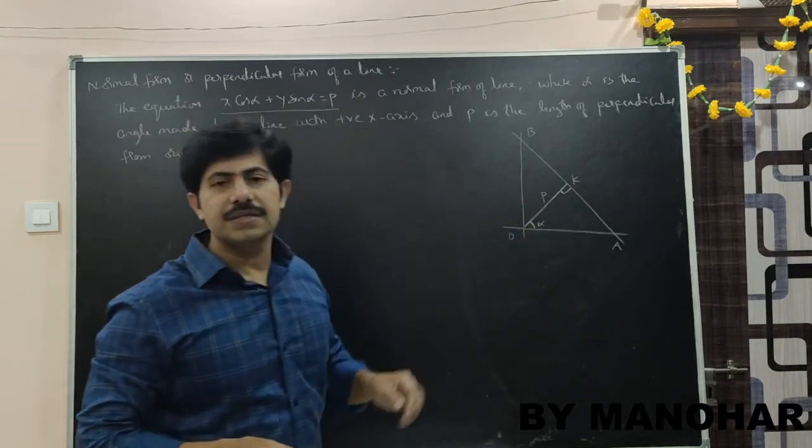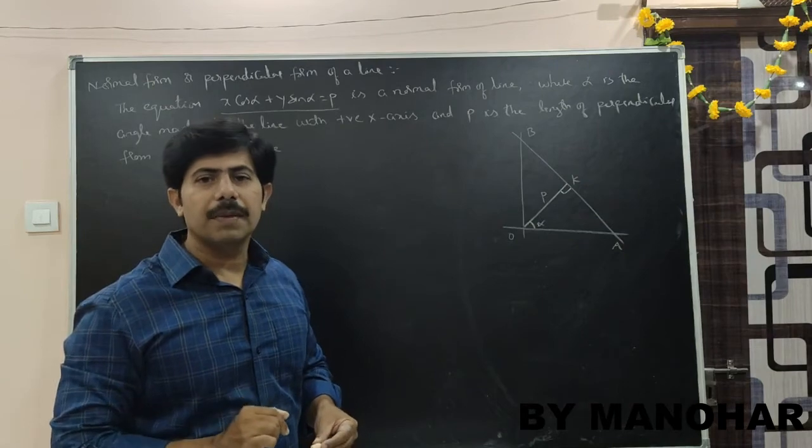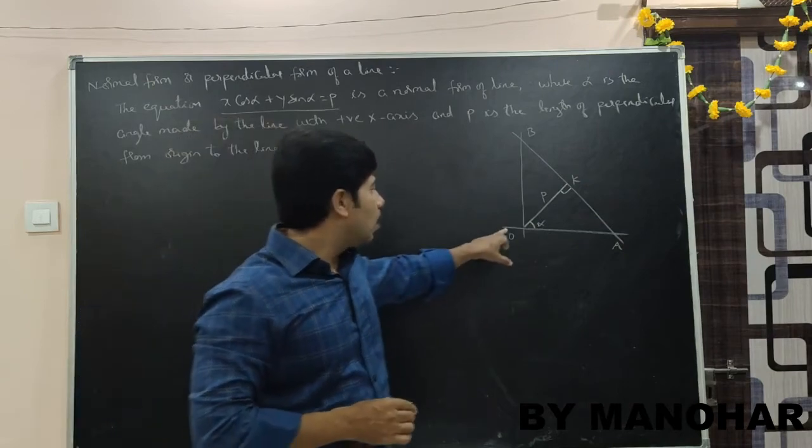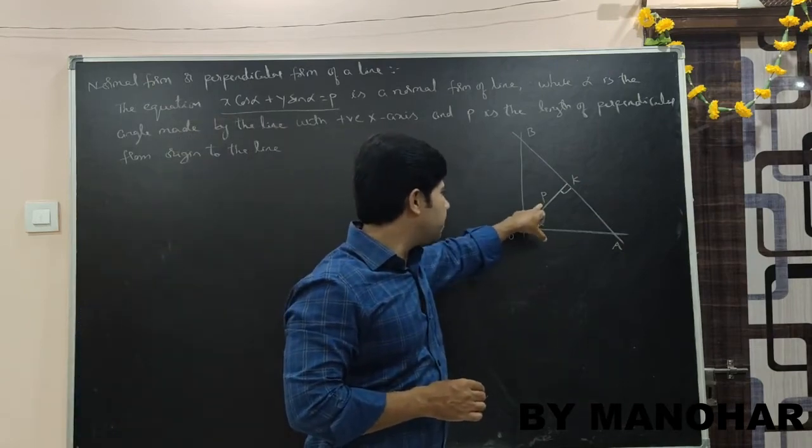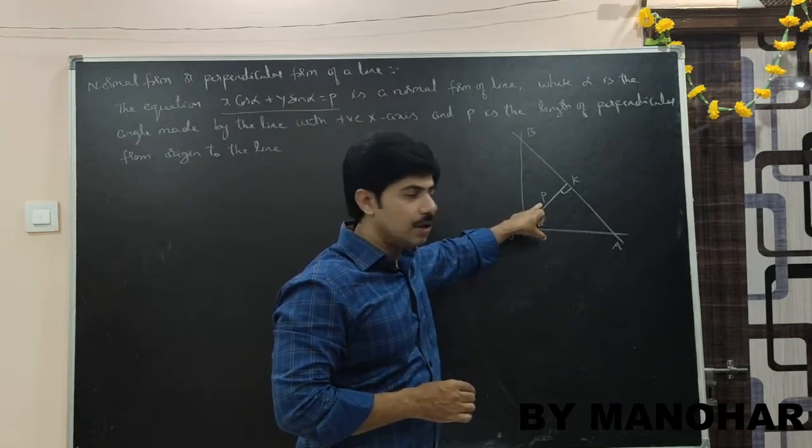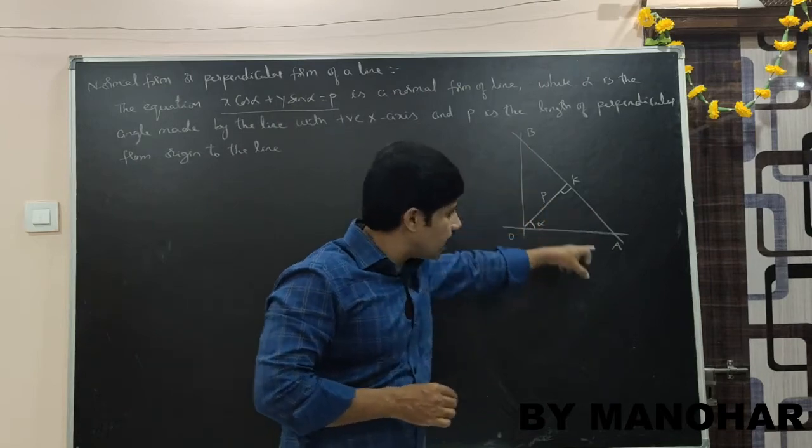This p is the length of perpendicular drawn from origin to AB.